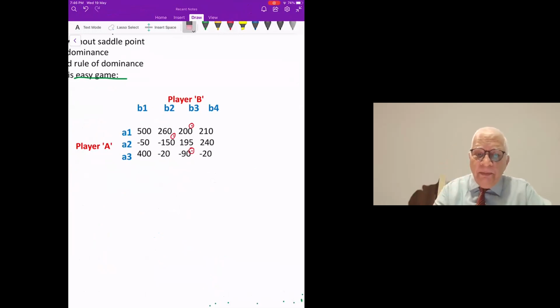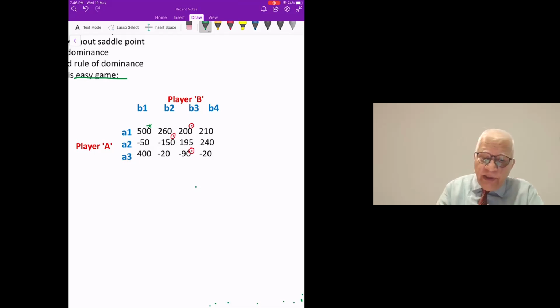Now we'll mark the column maximum in some other way. For example, column B1, the first column: 500, minus 50, 400. What is the column maximum? Let's mark it by an asterisk, 500. Second column, B2: 260, minus 150, minus 20.